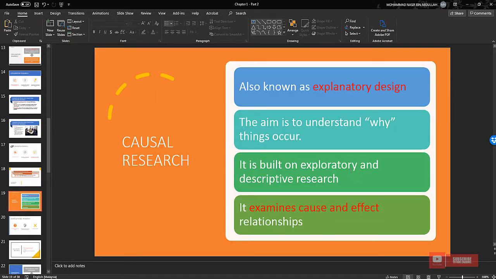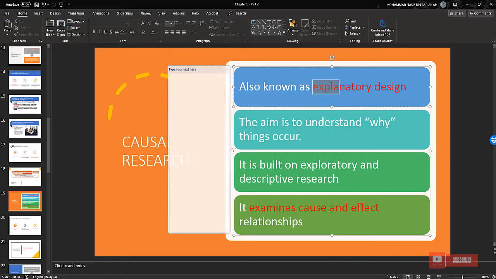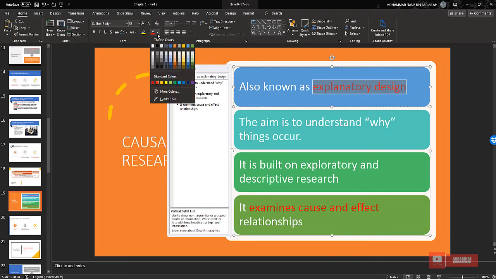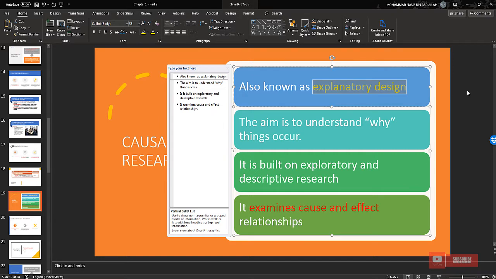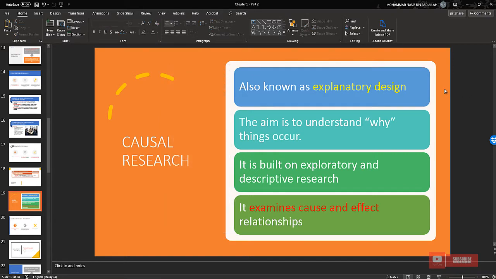So the next type of research design, after we do a descriptive design, is causal design. Causal research is also known as explanatory design. Explanatory design is basically a confirmatory research. The aim of this research is to understand why the thing occurred.